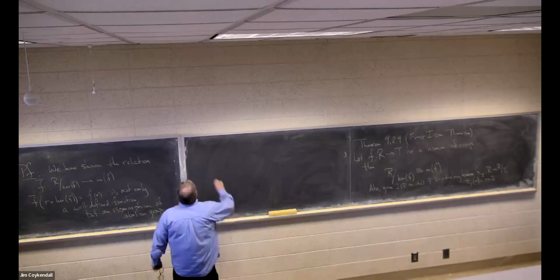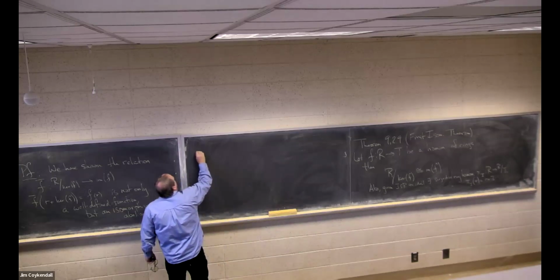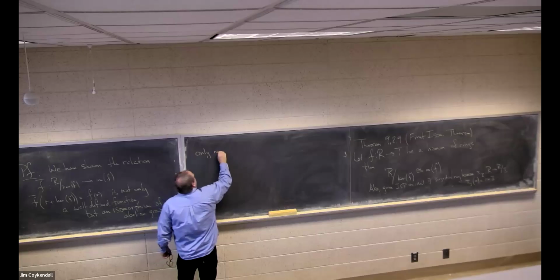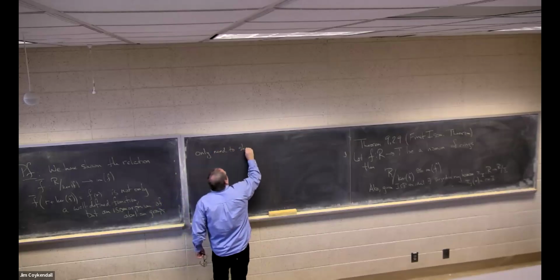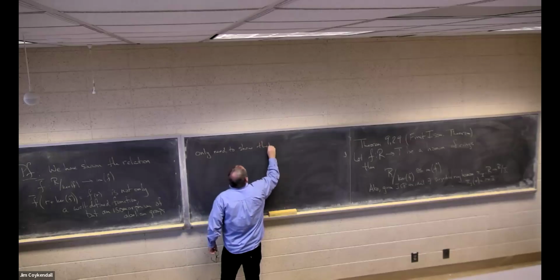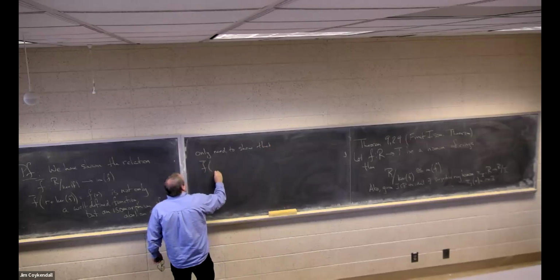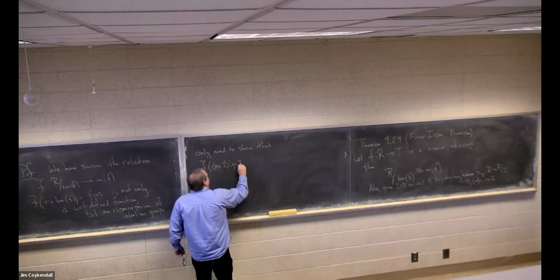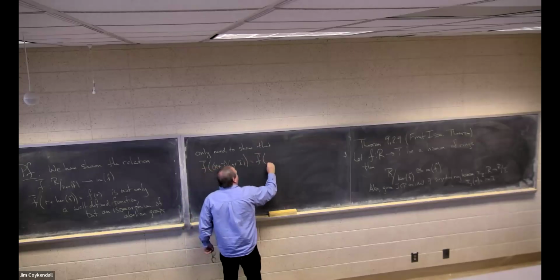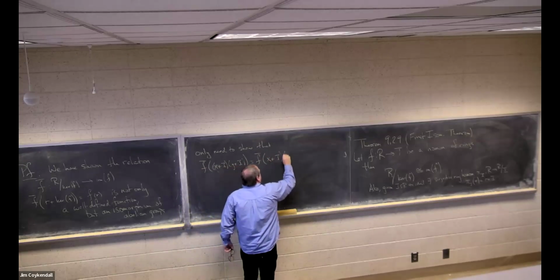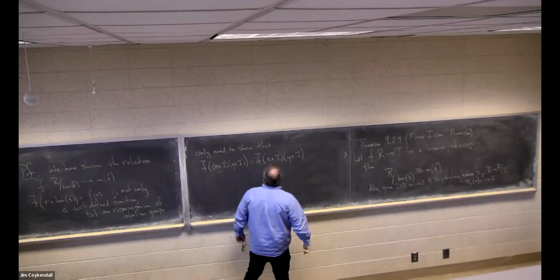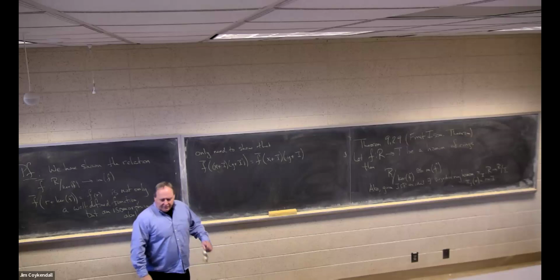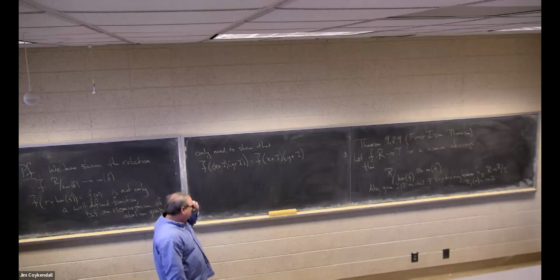That is, F bar of the product of x plus I and y plus I. All we need to do is show that the thing is a homomorphism of rings and we're good to go.